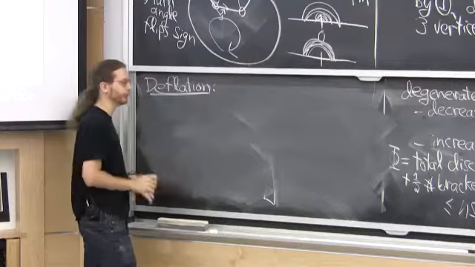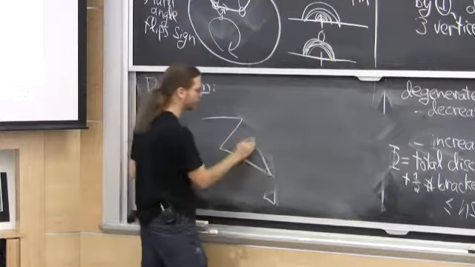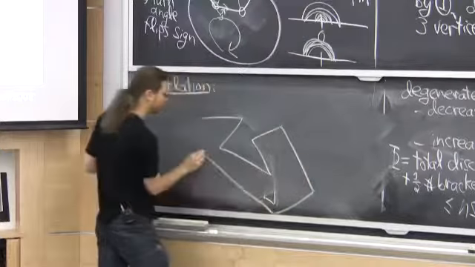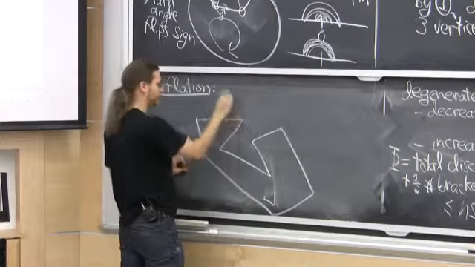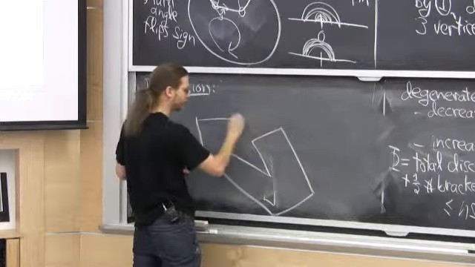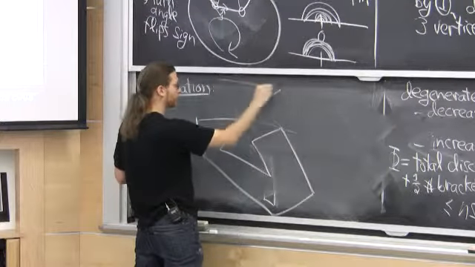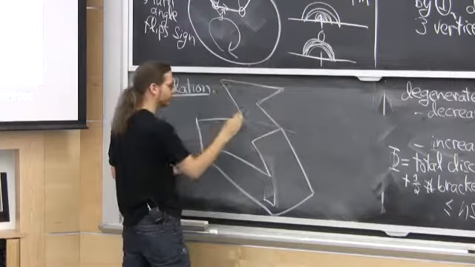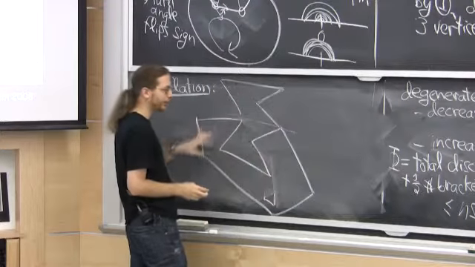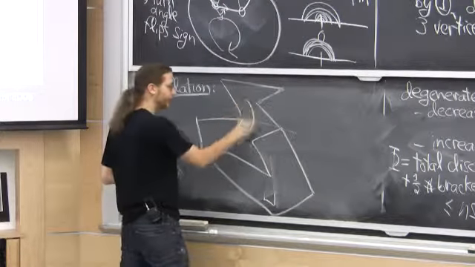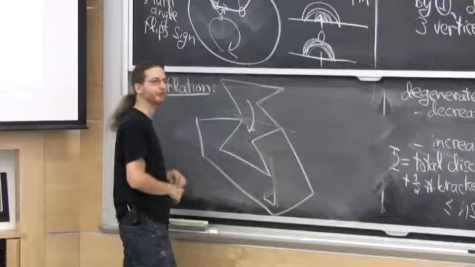Regular old Erdős flips look here, they're the regular reflection. Something like that. So going from this polygon to that polygon is a flip. Going from this polygon to that polygon is a deflation.